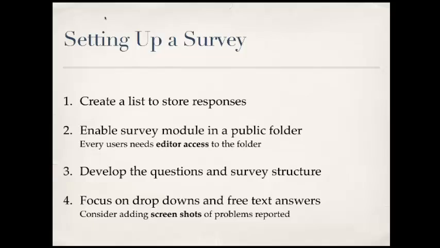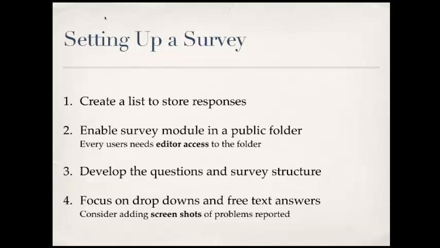For the whole survey, you have to enable the survey module. It is a JSON type of query or text. You have to define and match it to your predefined list, so that everything that is entered gets associated with the correct field in your list.